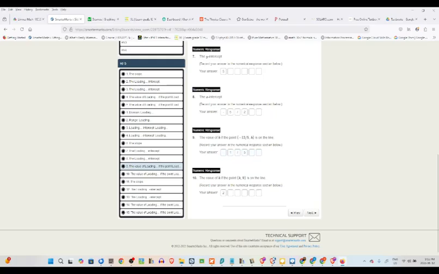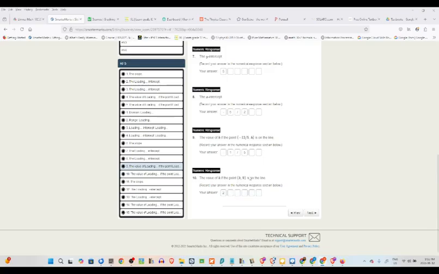So we got a negative 1/5 and a 2. And the answer key has them the other way around. So I've keyed those backwards. I will have to correct that.